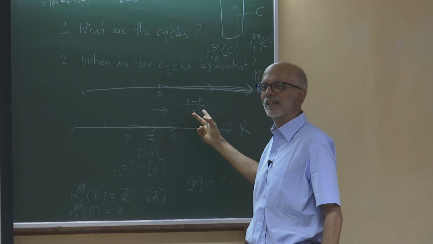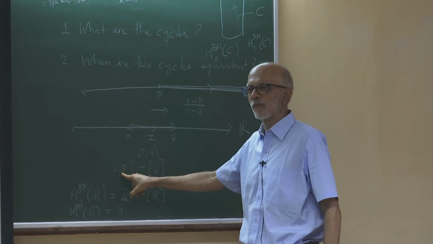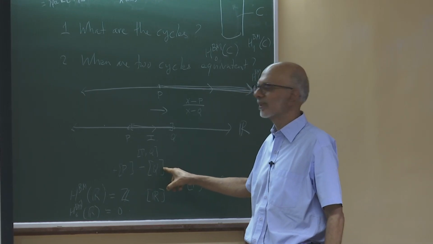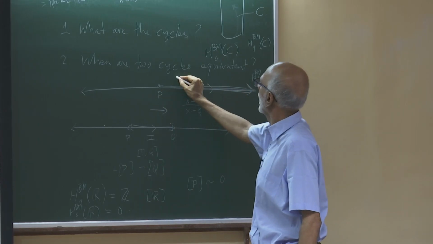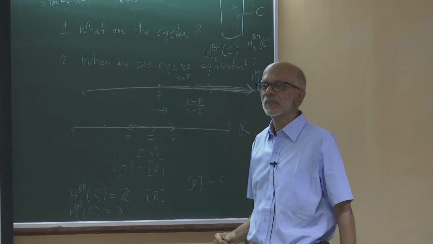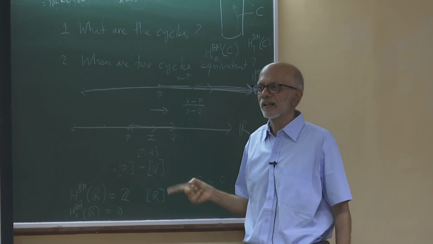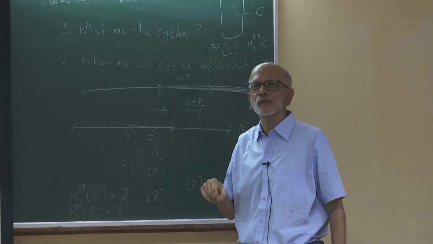And therefore, it tells you that p minus q, for 0 positive, for pole negative, p minus q is equivalent to 0. Or I simply want to show that p is equivalent to 0. I take x minus p. This is a meromorphic function. It is actually a holomorphic function, and it vanishes exactly once at p. And so p is equivalent to 0.